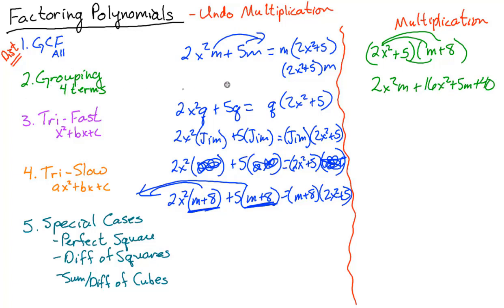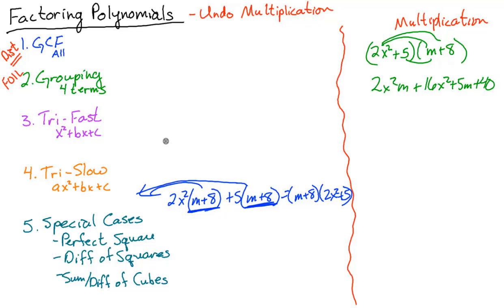When you have 4 terms, that means that you had a binomial times a binomial, if you pulled out all the greatest common factor you possibly can, but somebody actually did this special case where they used FOIL, that special case where you have front, outer, inner, and last. So let's put it over on this side: 2x squared m plus 16x squared plus 5m plus 40, and see how we get to that.